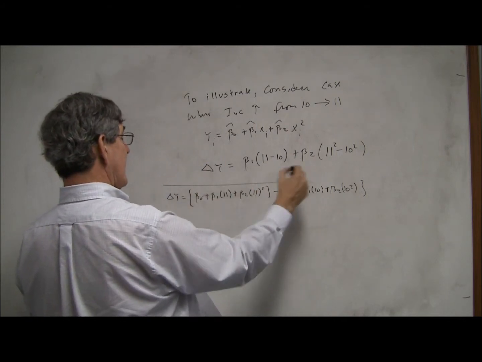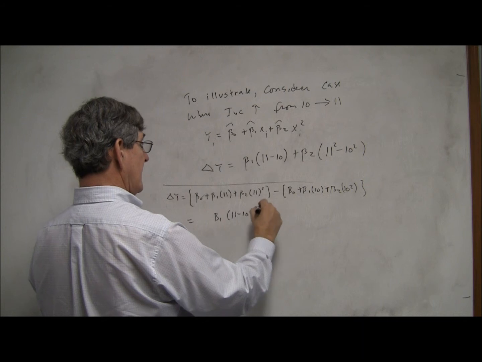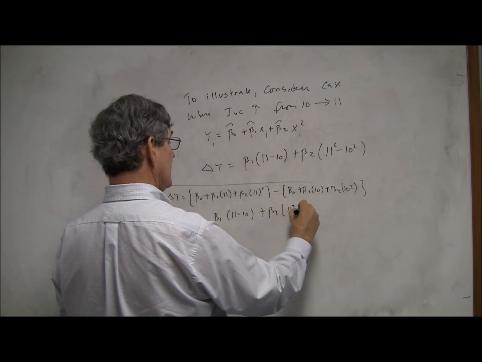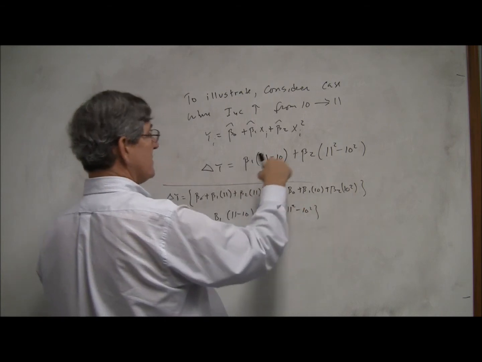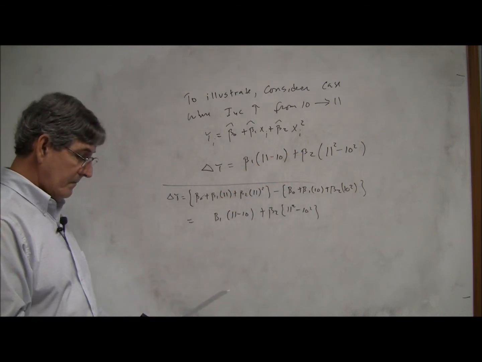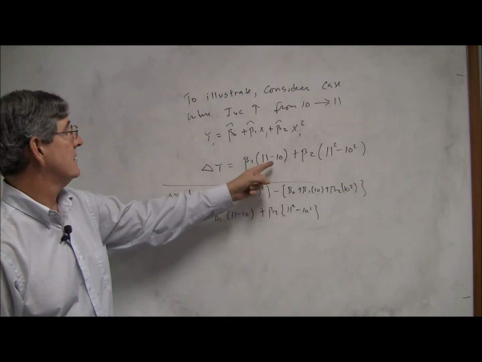The beta naughts cancel, so this is equal to beta 1 times 11 minus 10 plus beta 2 times 11 squared minus 10 squared. So that's where that formula comes from. So that's the estimated effect.